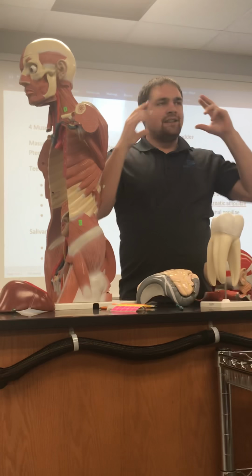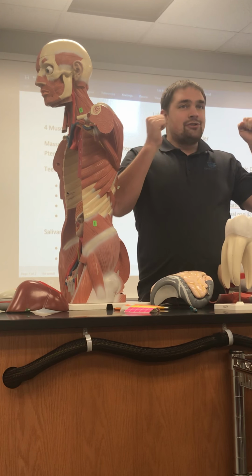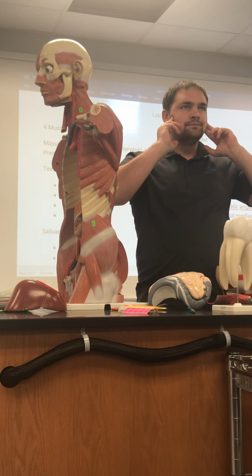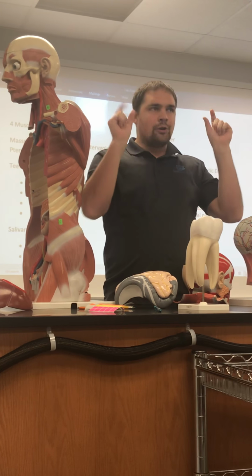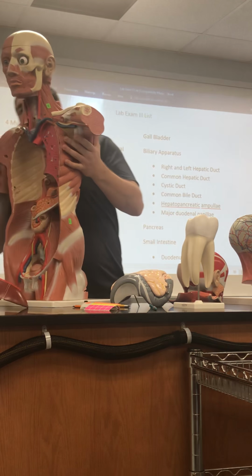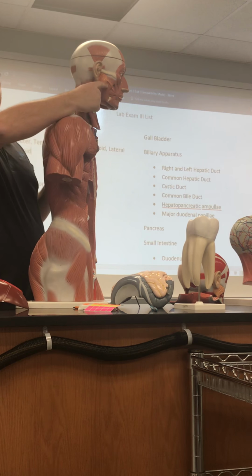The nice thing about at least the superficial muscles of mastication is if you clench your jaw, they get short, right? If I clench my jaw, masseter gets short and fat. You can feel it. All right, masseter on this model right here.